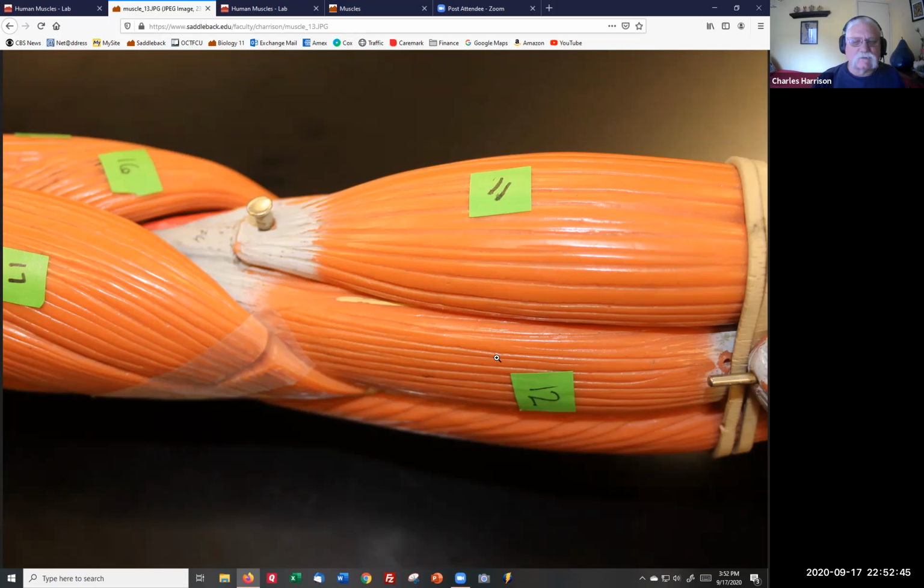The brachialis probably is more forceful than the biceps brachii, but they always work together. So to flex your forearm, you're going to definitely use the biceps brachii, but with it, you'll use the brachialis.